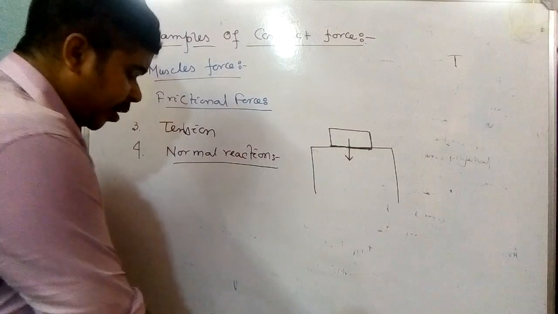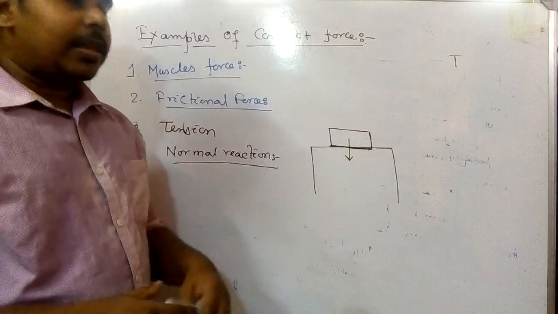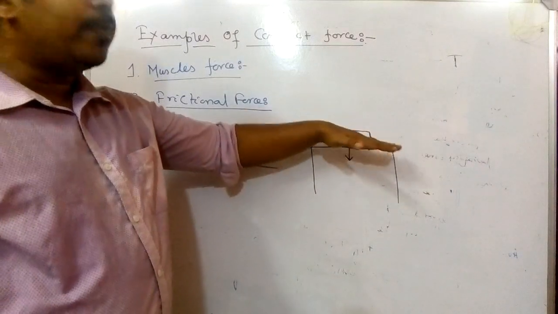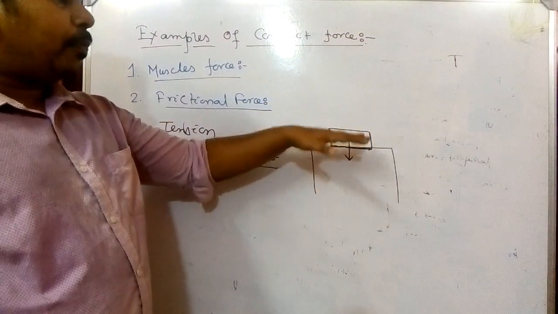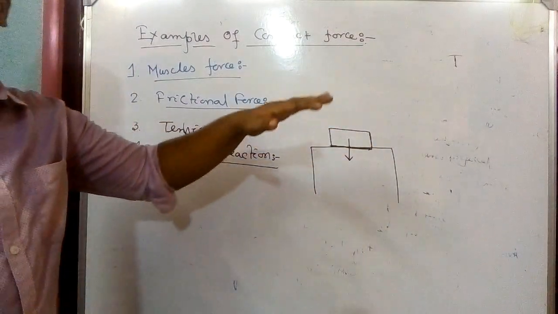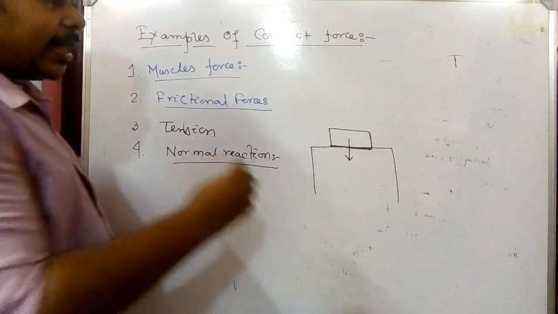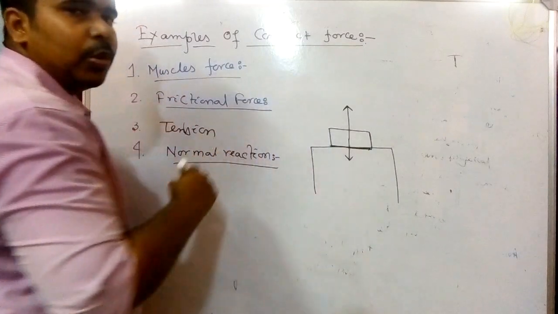I'll say just keep it here. So if you put an object over a surface, then that object will apply a force in the downward direction, means on the table, and that table will give a reaction to the book.